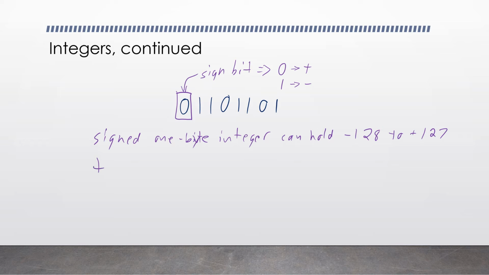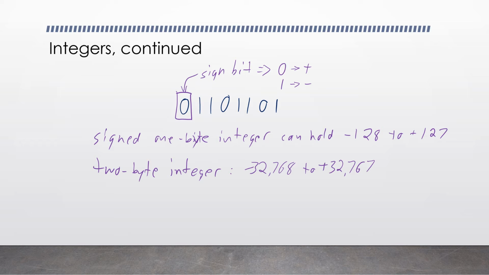So a 2-byte integer, back in the days of 16-bit computers, holds negative 32,768 to positive 32,767. Believe it or not, back when I learned computer science in the early 90s, that was an integer: negative 32,768 to 32,767.